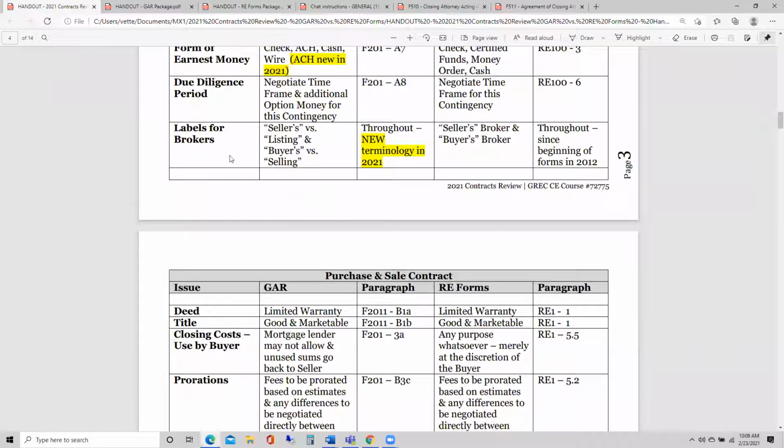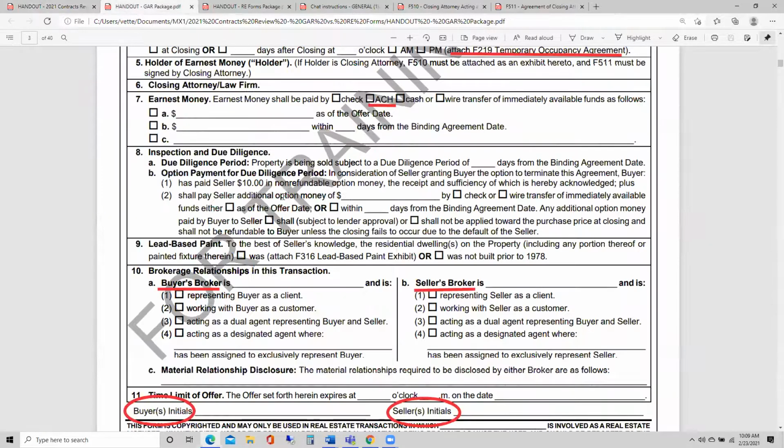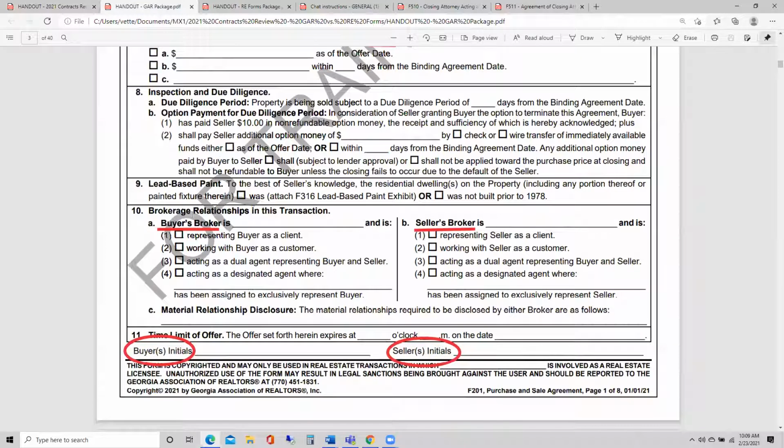All right, labels for the brokers. This is throughout both sets of contract forms. Brand new in 2021, they are referring to the brokers as the seller's broker and the buyer's broker.